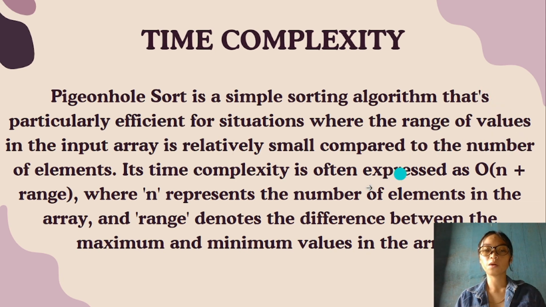As for its time complexity, it is often expressed as O(n) plus range, where n represents the number of elements, the number of values in the array, and the range denotes the difference between the maximum and minimum value in the array.